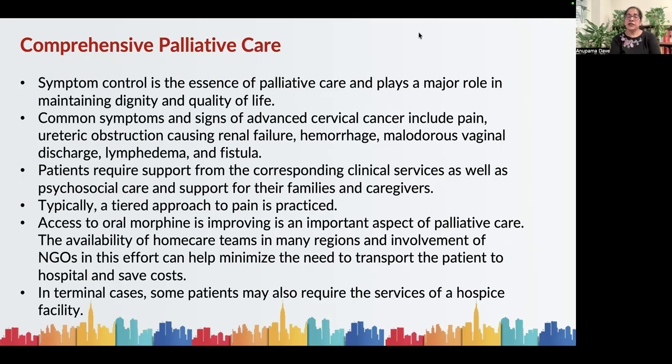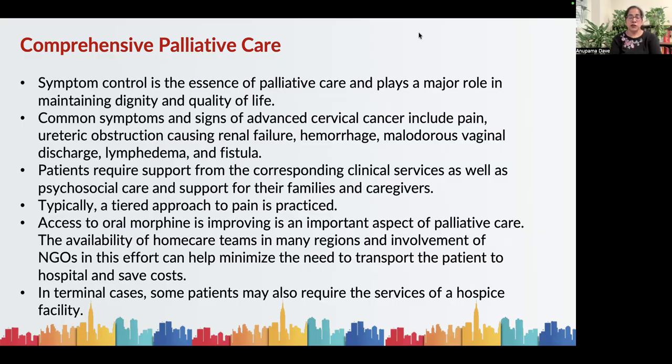Common symptoms and signs of advanced cervical cancer include pain, pelvic pain, intense pain, ureteric obstruction, which may cause renal failure. There may be excessive bleeding or hemorrhage, malodorous vaginal discharge, lymphedema, and formation of a fistula, vesicovaginal or rectovaginal fistula. Typically, a three-tier approach to pain is practiced.